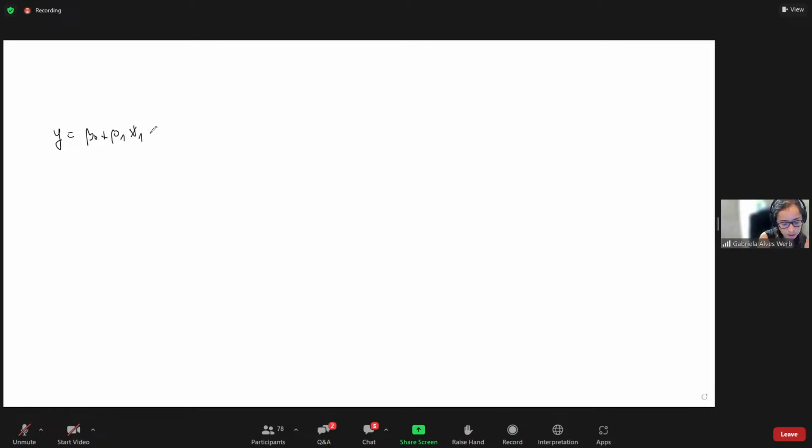Let's say this is plus B2 times X2, etc. And then you had, let's say, a tree. What else could you have had? Perhaps you also had a linear regression, and this was a tree.